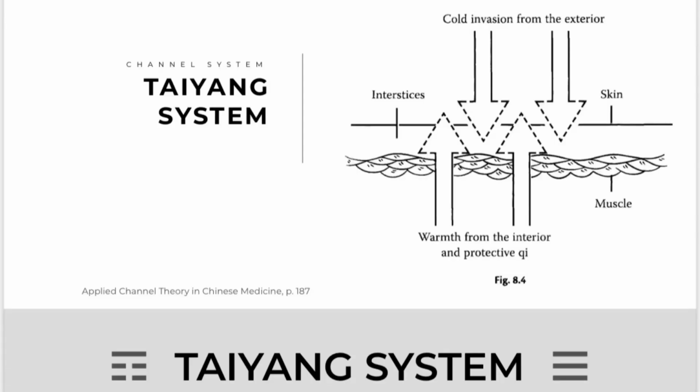With that all being shown and talked about, we now have this picture to also talk about where the Tai Yang is laying on our body, because on our arms we also have different modalities happening. This first picture is showing on our skin how in between the skin and the muscle, they're calling it interstices.